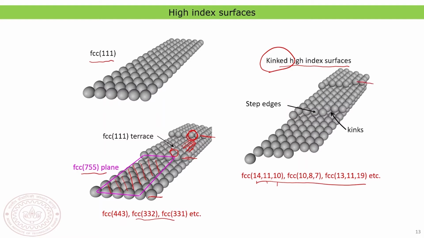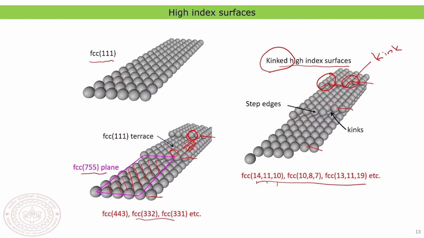You definitely have step edges as you have seen in the previous case. But in addition to that, we now also have these kinks. This part is known as a kink, which is a few atoms bending at a step edge. So when you create these kinds of surfaces, you are not only creating step edges, you are also creating kinks.